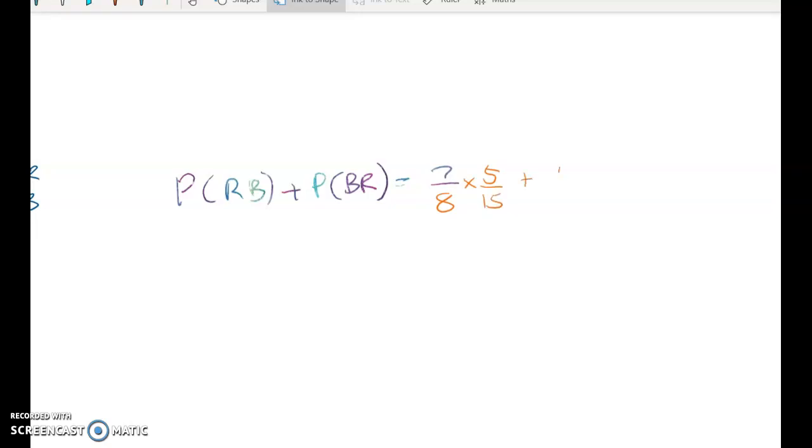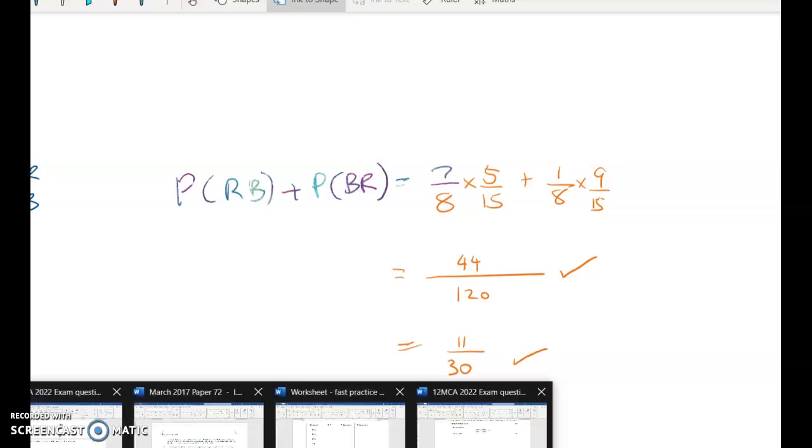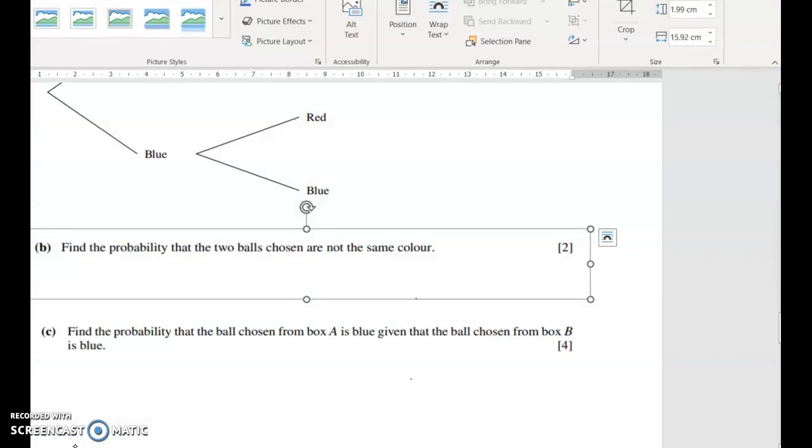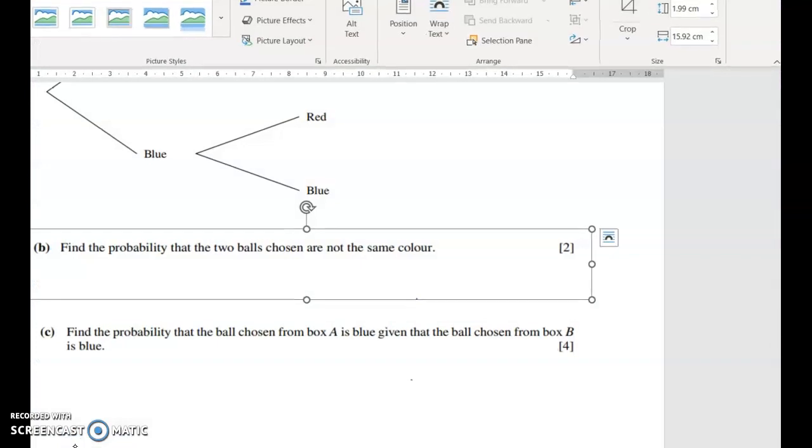And then blue then red is 1/8 times 9/15. So getting a common denominator of 120, I get 35 plus 9, which gives me 44. You get a tick for that. You don't have to simplify that, but it looks pretty bad to me unsimplified. So dividing both by 4, we get 11/30. That's that one done.